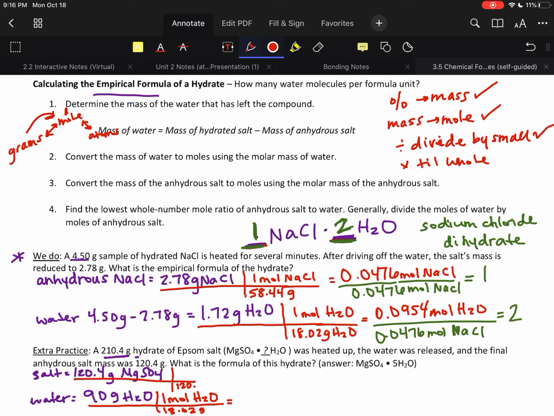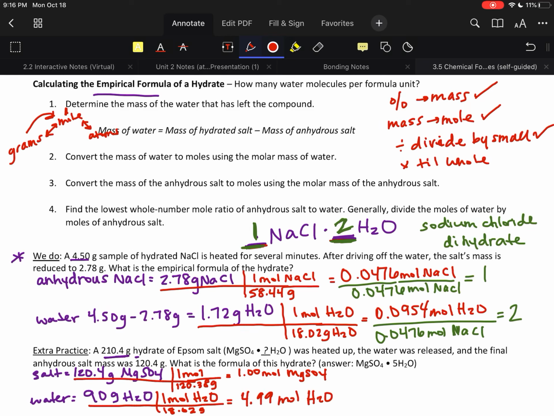So I end up with 120.38 grams, and that's 1 mole. So essentially, I have 1.00 mole of magnesium sulfate, and then 90 divided by 18.02 is 4.99 moles of water.